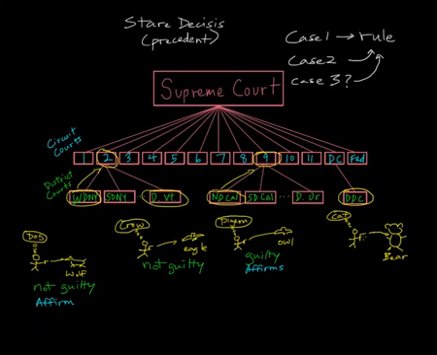But let's say that the district court for the District of Columbia follows the persuasive precedent of the Ninth Circuit and finds that the grizzly bear killer is guilty. Well, if that's the case, you can be sure that the defendant will appeal that decision to the DC Circuit Court, right?